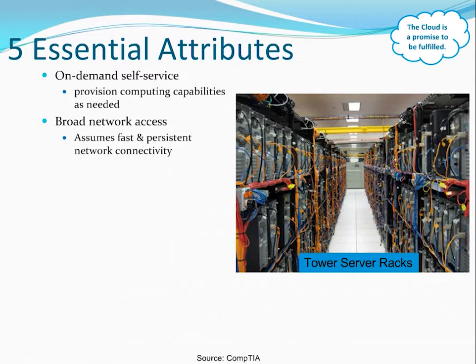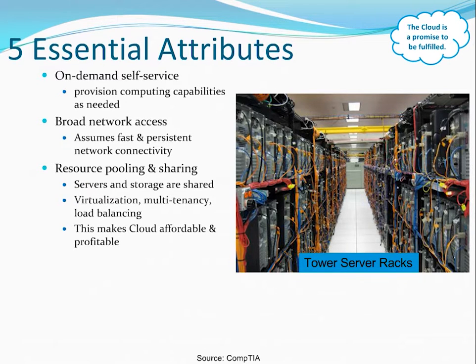That means that it doesn't go down much. There was a time when the internet was unreliable. It was slow and it went down a lot. And of course, in those days, cloud computing really didn't exist, and that's because of this lack of a broad network access. But today, just about everyone, in fact, it's the assumption that you can have a fast and persistent network connectivity. That's an assumption of cloud computing.